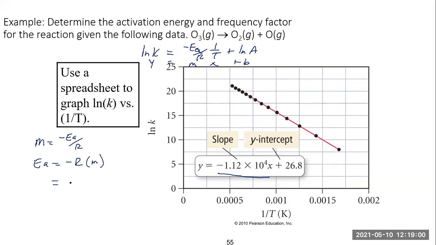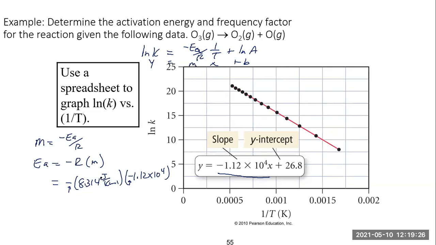Putting our values in, minus R, which is 8.314 joules per Kelvin per mole, times our m from the equation, negative 1.12 times 10 to the 4. There's our negative and our negative, which is going to turn our activation energy into a positive number, which is what we want.